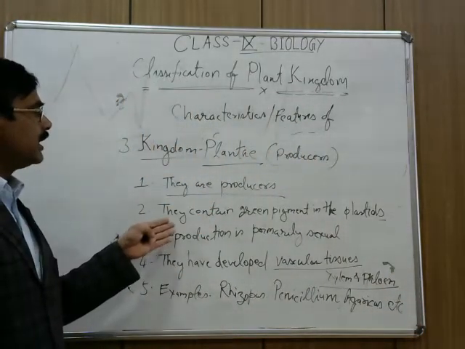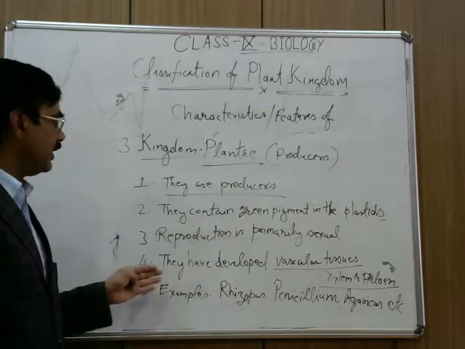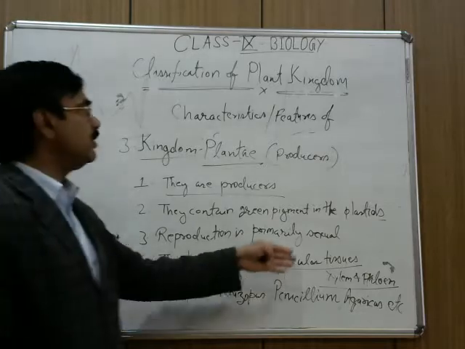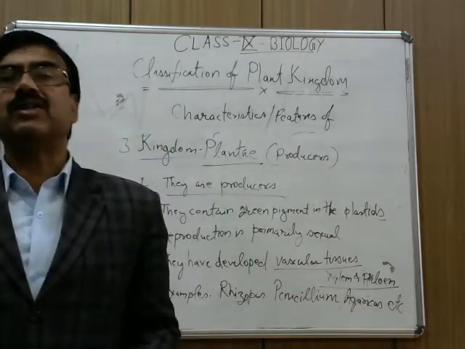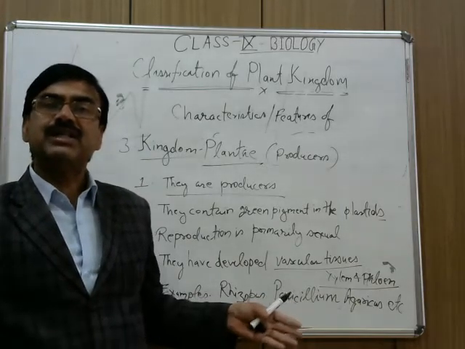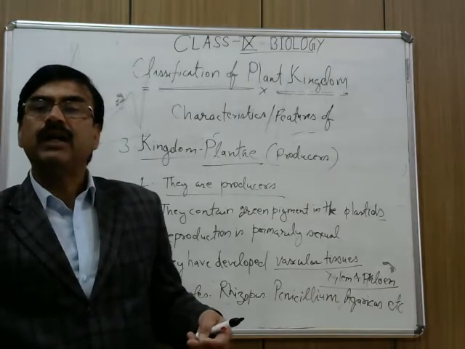They are producers, they contain green pigments, reproduction is primarily sexual, they have well developed vascular tissues. In the plant kingdom, you must remember there are categories in the plant. So these are the basic features, the basic characteristics.